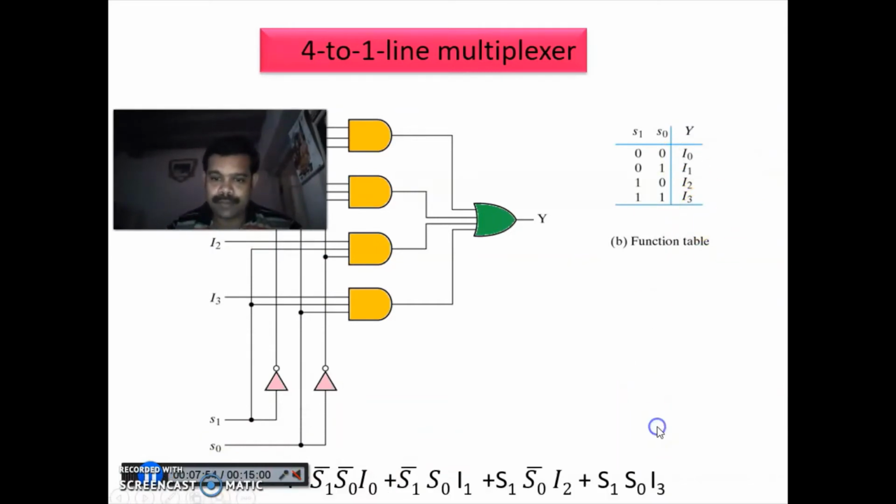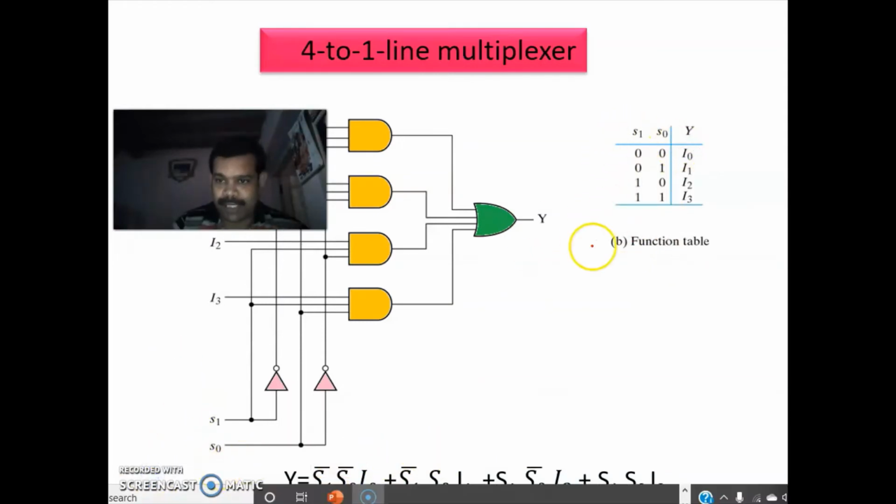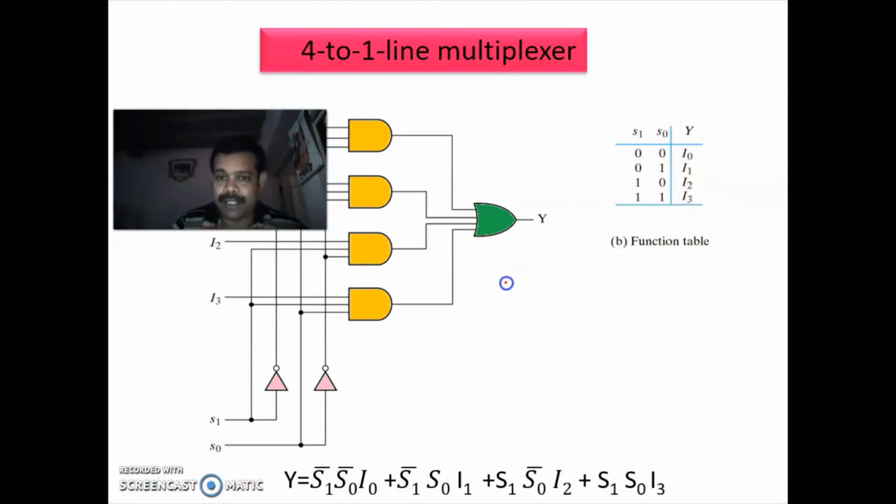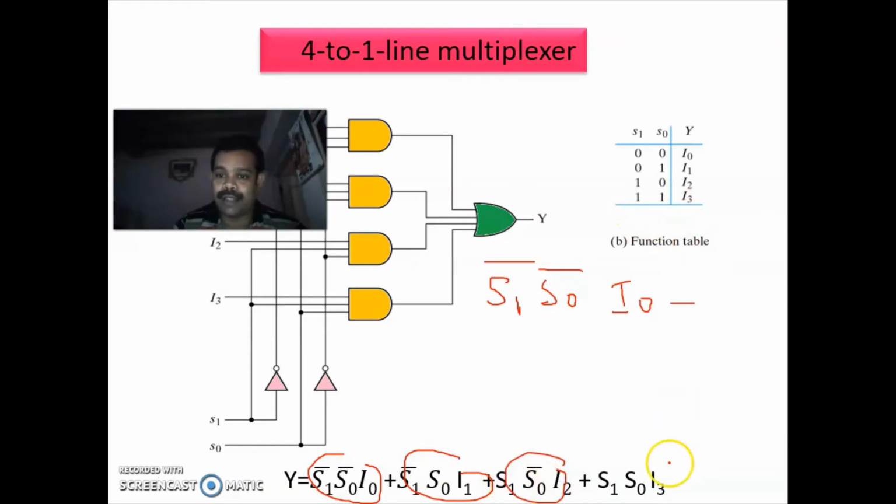From this function table we are writing the Boolean function. 0 0 means S1 bar S0 bar into I naught, plus S1 bar into S0 into I1, plus S1 into S0 bar into I2, and S1 S0 into I3.